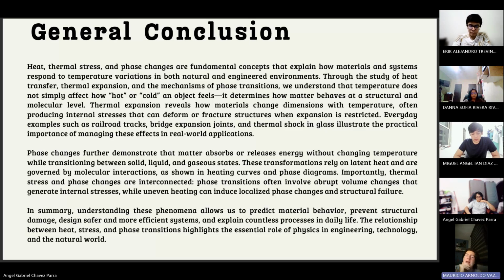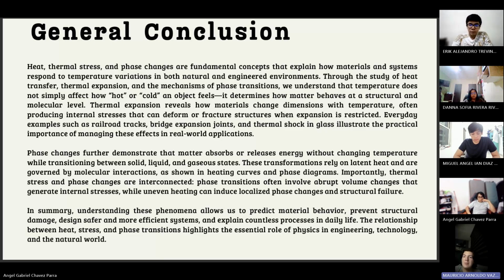In summary, understanding these phenomena allows us to predict material behavior, prevent structural damage, design safer and more efficient systems, and explain countless processes in daily life.